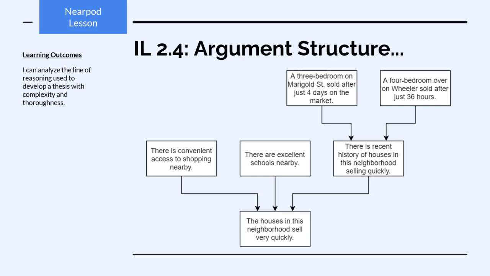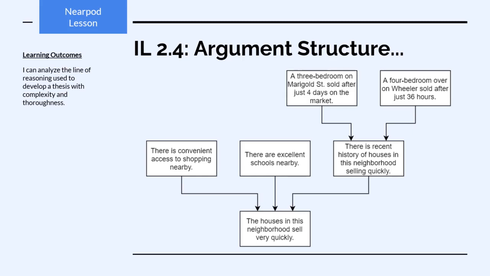If we were to combine the two arguments that we looked at together, it might look something like this. The houses in this neighborhood sell very quickly because there's convenient access to shopping, because there are excellent schools nearby. And then our two examples, I had to come up with a premise that they're supporting, because there is recent history of houses in this neighborhood selling very quickly.